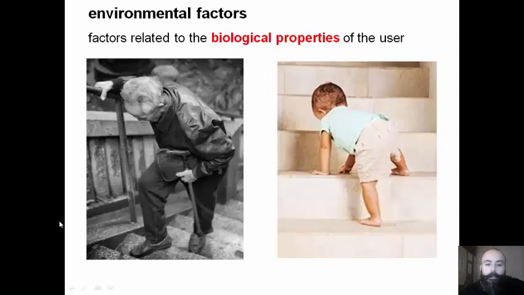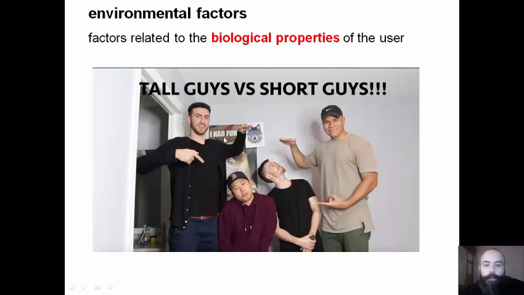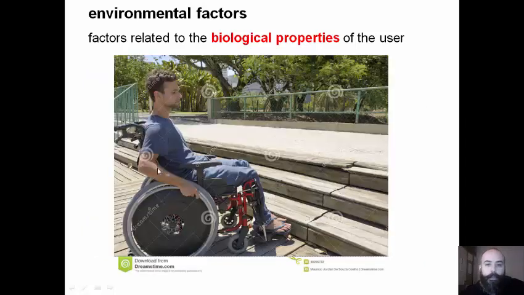Like the age of the user, or the sizes, or the height, they are all related to the biological properties of the user. So an architect first looks at their user. They have to know everything about their users, starting with biological properties, including the ability to move.